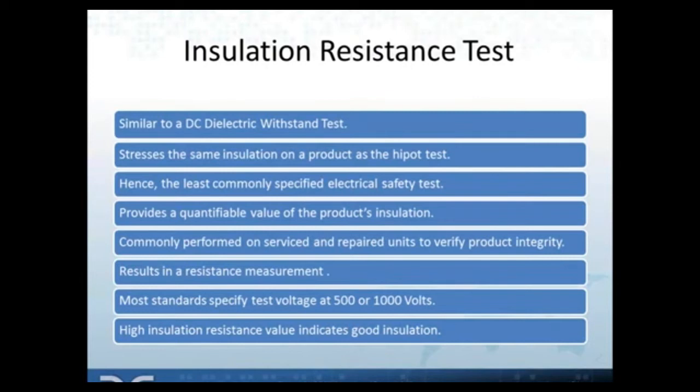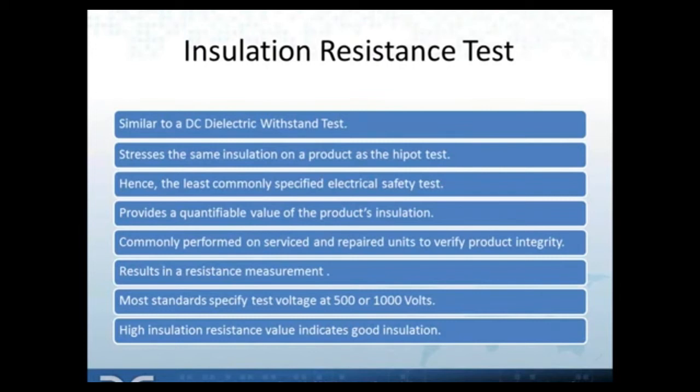It stresses the same insulation on the product as the hipot test. Hence, this test is the least commonly specified electrical safety test. The insulation resistance test applies a DC voltage across the insulation of a product and measures the corresponding leakage current, which is used to calculate the resistance of the insulation.